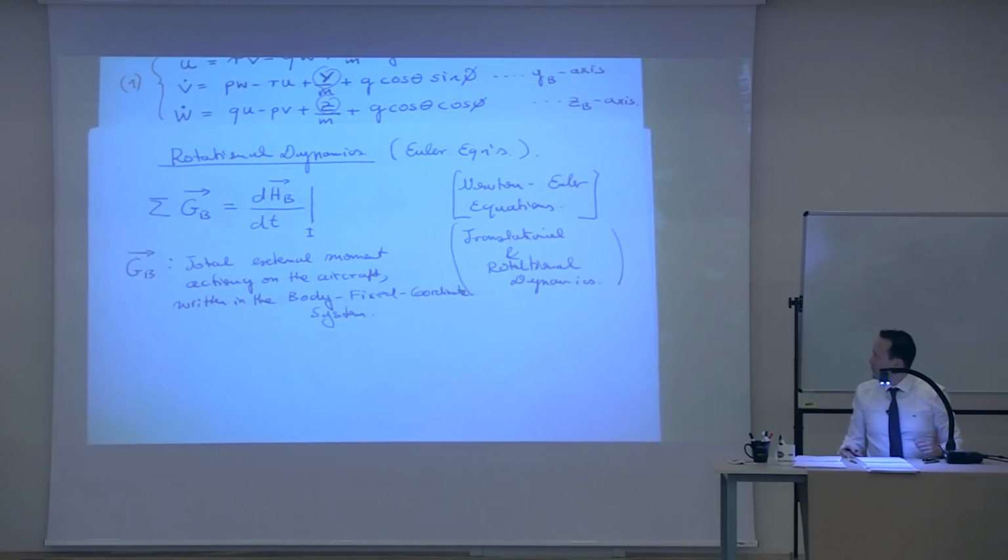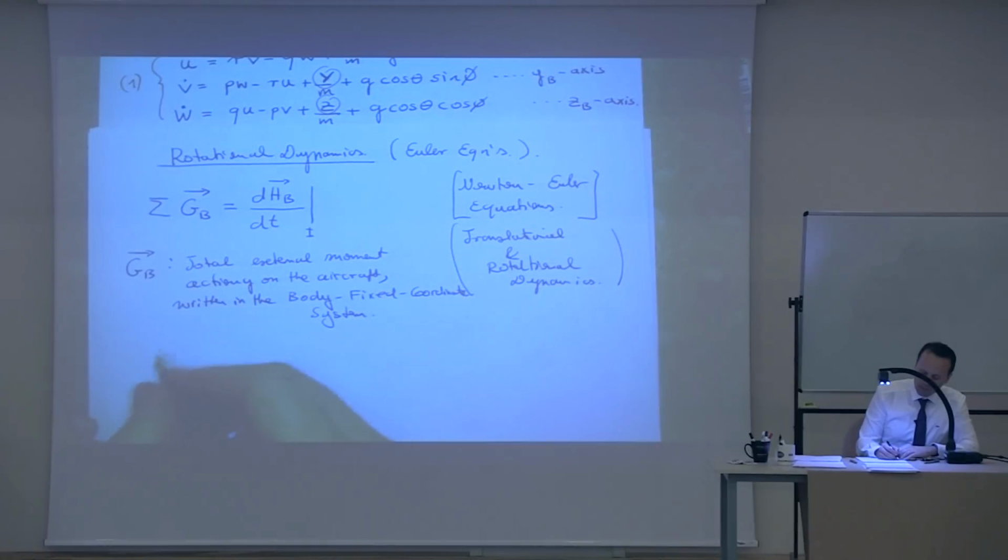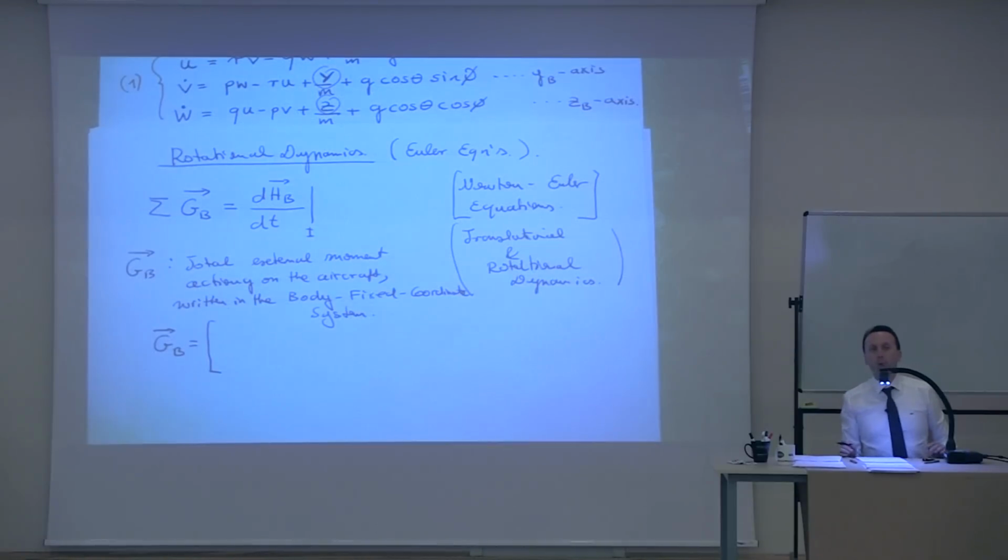Okay? The total external moments now that are acting on the aircraft. So do you remember what the symbols were that we used to define the moments that act on the airplane? What is it?